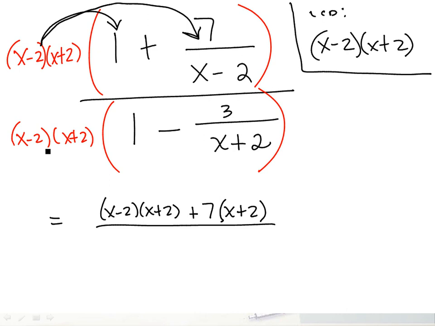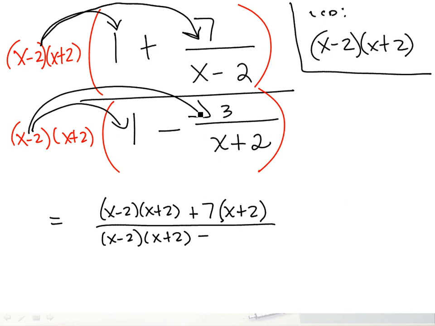Now we have x minus 2, x plus 2 times 1 again. Then we have a minus sign in the middle. But if we distribute this, notice that the x plus 2's will cancel. And you'll be left with 3 times x minus 2 in this case.